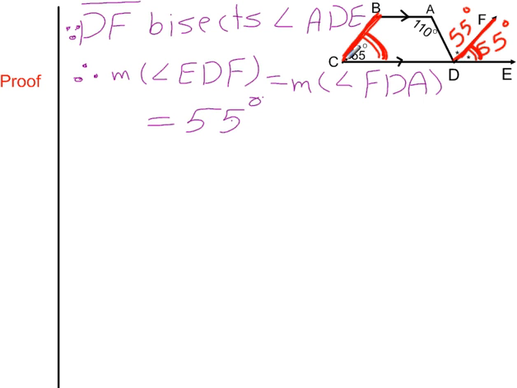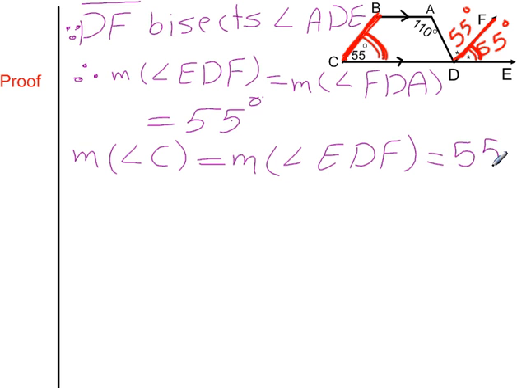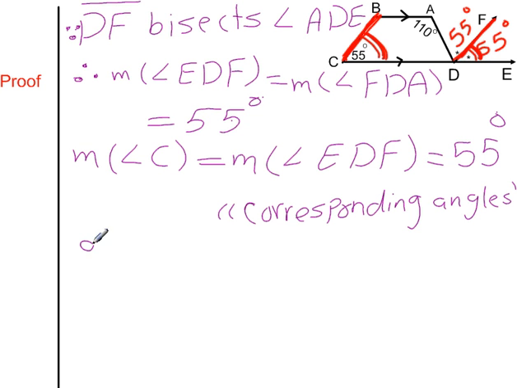Then we can say the measure of angle C equals the measure of angle EDF equals 55 degrees, and they are corresponding, and CD ray is a transversal.